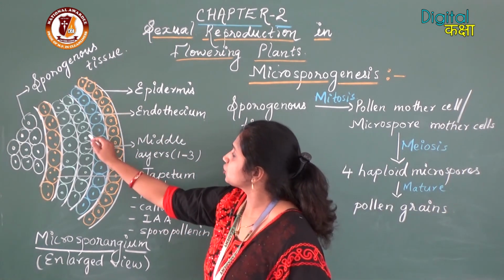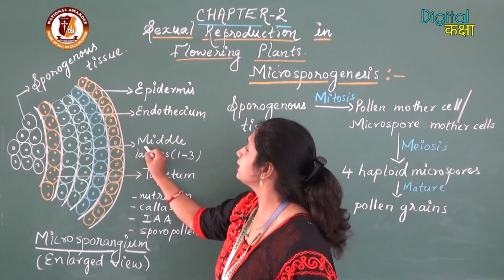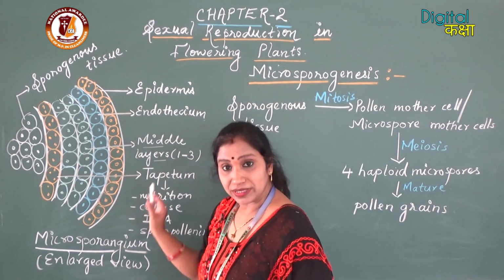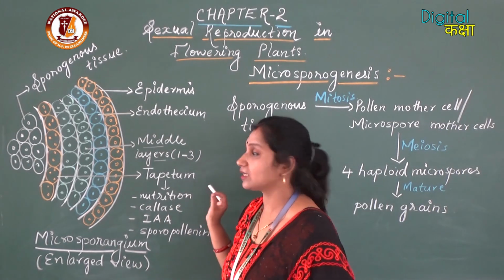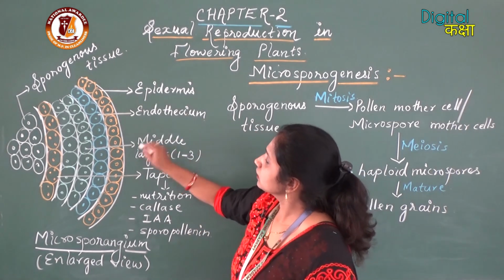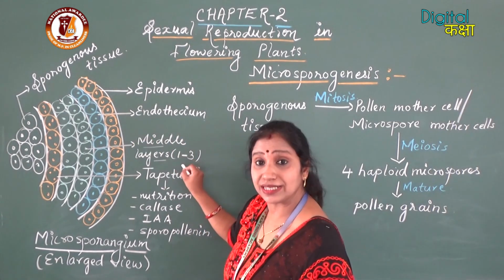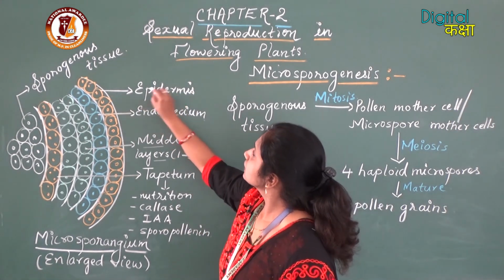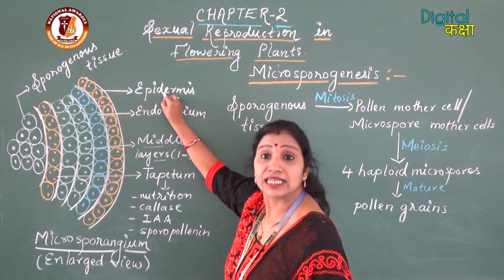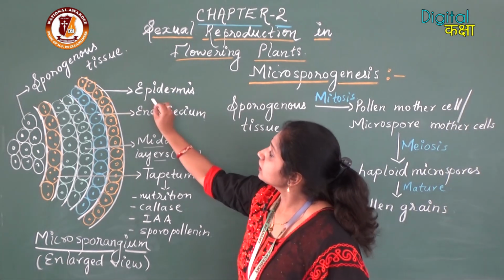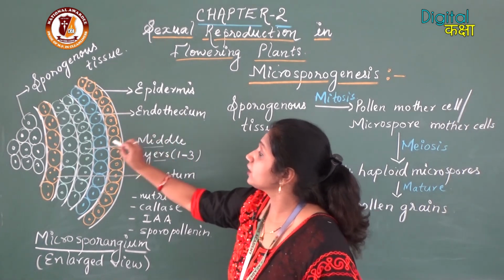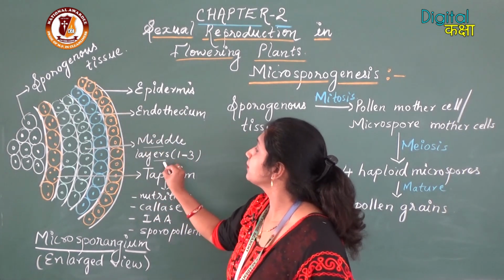Inner to the endothecium, 1 to 3 middle layers are there. Here I have drawn 2 middle layers with green colored chalk. So the outermost layer is the epidermis, inner to the epidermis is the endothecium, and inner to the endothecium are 1 to 3 middle layers.